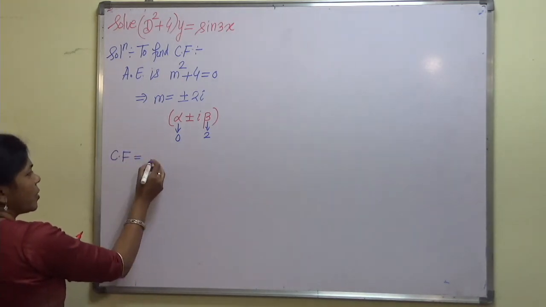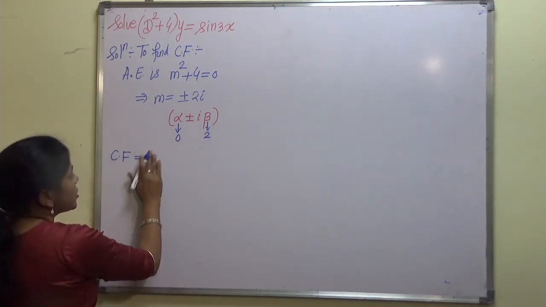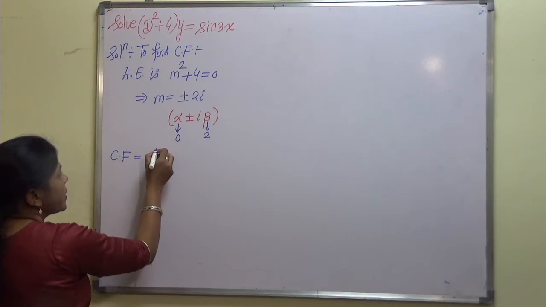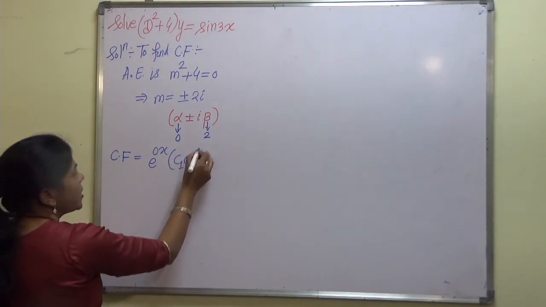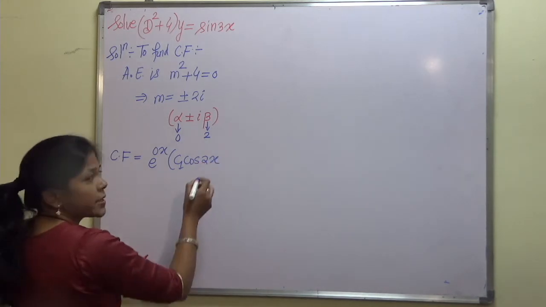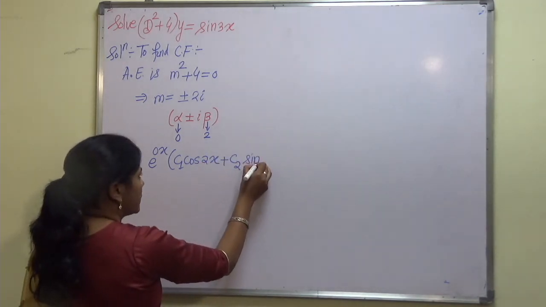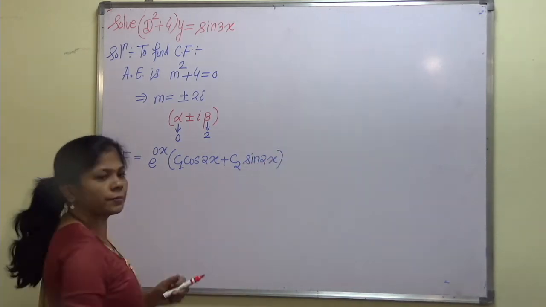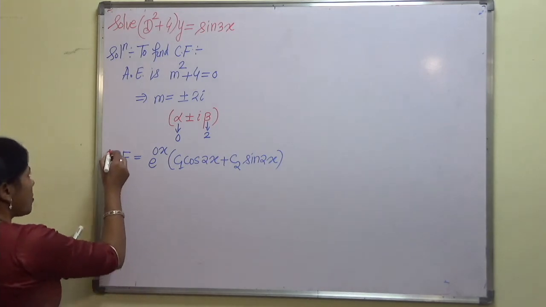Therefore the complementary function is equal to e raised to power alpha x, that is 0, times c1 cos of beta x, that is 2x, plus c2 sin of beta x. So we have obtained the complementary function.